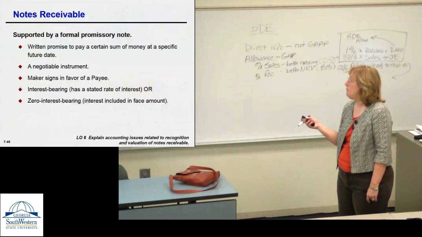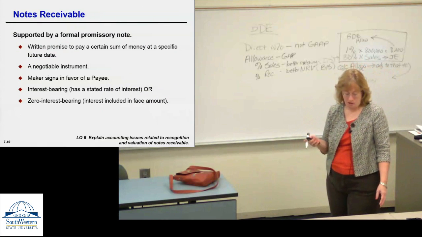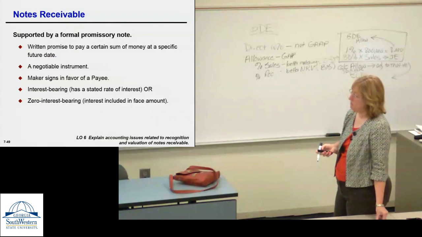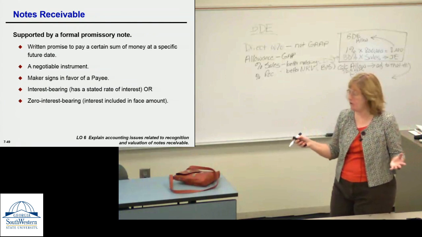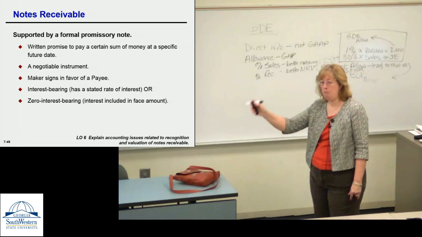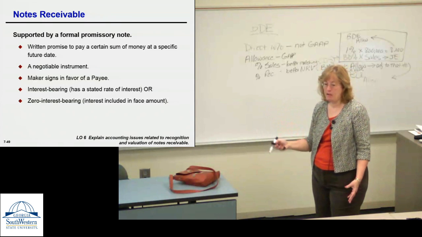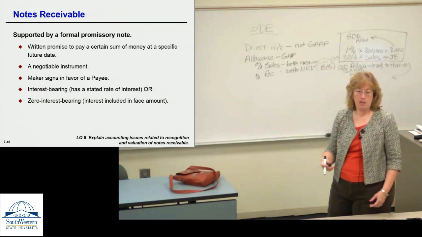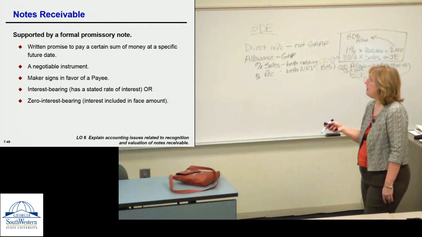Usually you have notes receivable with high risk customers or new customers that you're not sure about, or if you're loaning something to somebody, a related party of some sort. Or if you're selling something really big, a big ticket item, like property, plant, and equipment, or a diamond ring, or an airplane, or something like that.